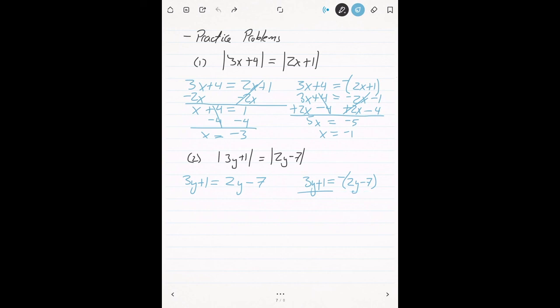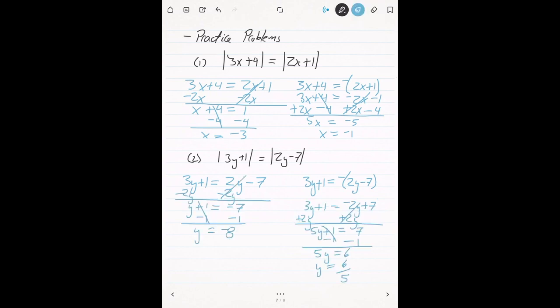It doesn't matter if you said 3y plus 1 is equal to the opposite of 2y minus 7, or if you had the opposite of 3y plus 1, so if you distributed the negative, is equal to 2y minus 7. These are the exact same equation, okay? Same thing, and you're going to get the same solution. So you choose which one you want to be the opposite. But let's take a look at some of the work for how we solve these.